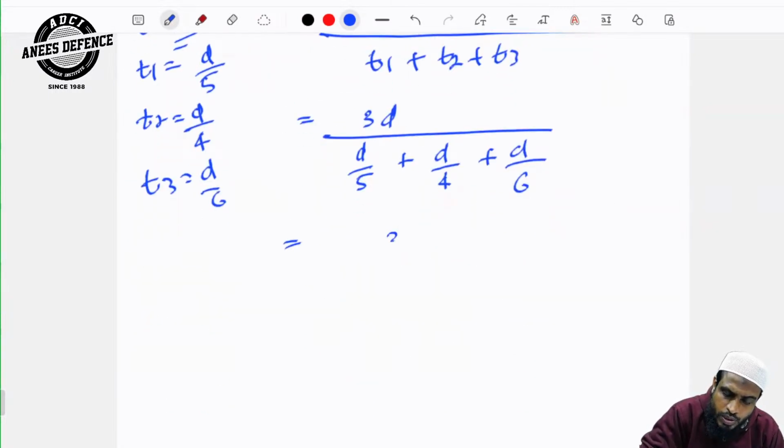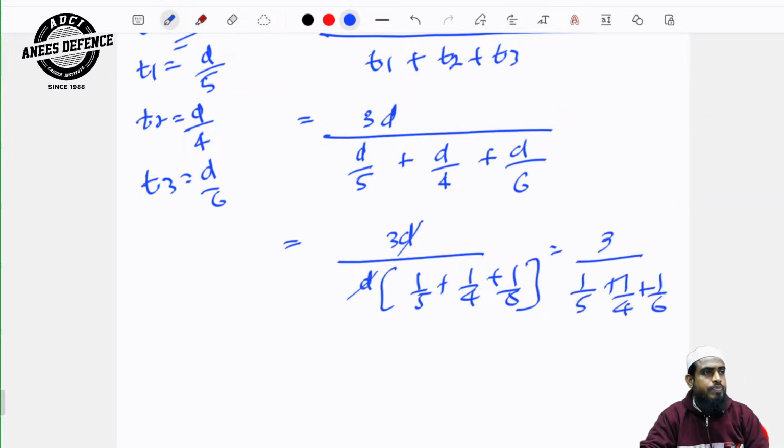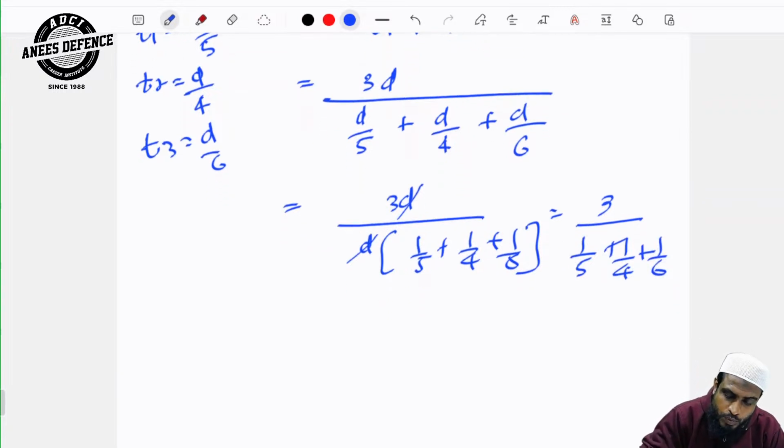So 3D divided by D common: 1 by 5 plus 1 by 4 plus 1 by 6. D cancels, so 3 by 1 by 5 plus 1 by 4 plus 1 by 6. If you solve this, we will get the answer.